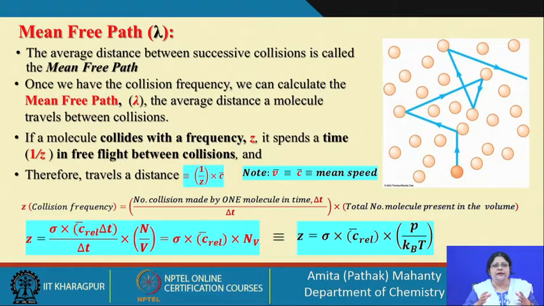So, we have to imagine that the tube is fixed, but actually it is always changing and not having a definite orientation, because the collisions are happening randomly.